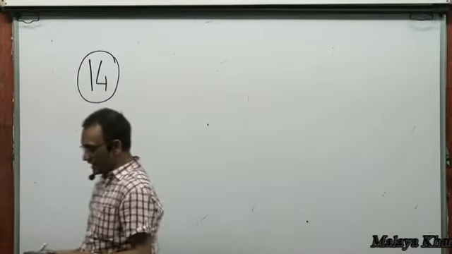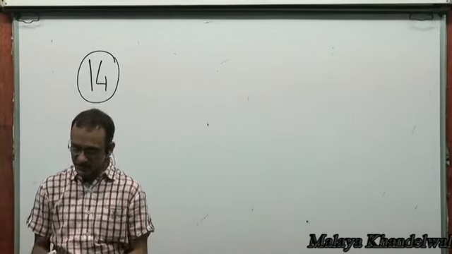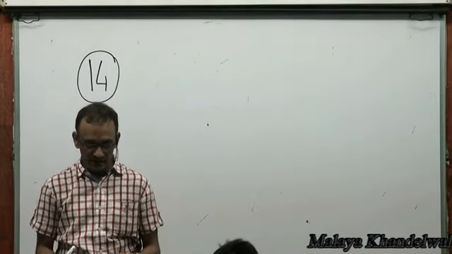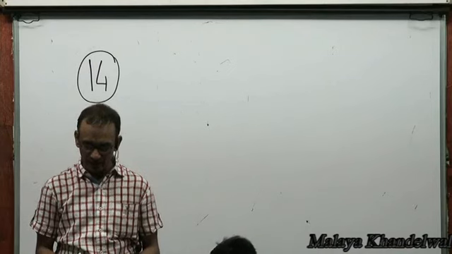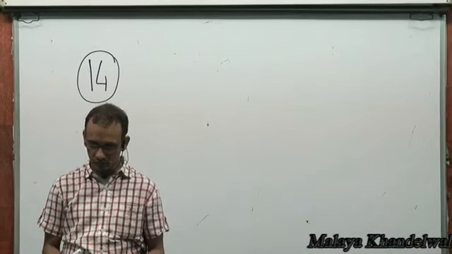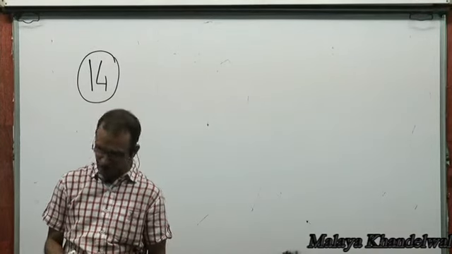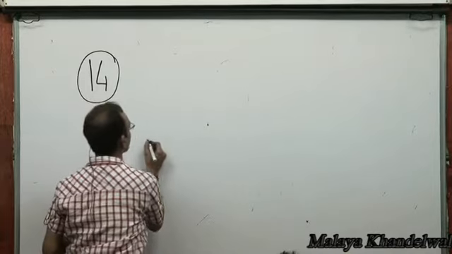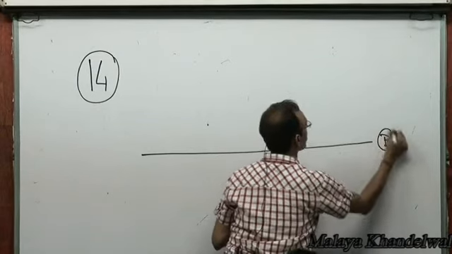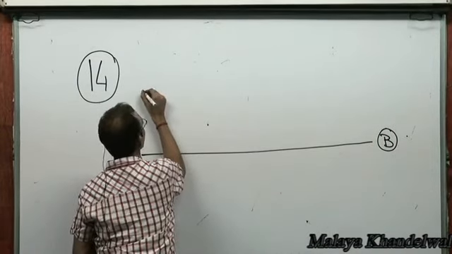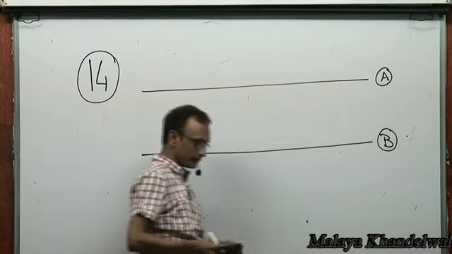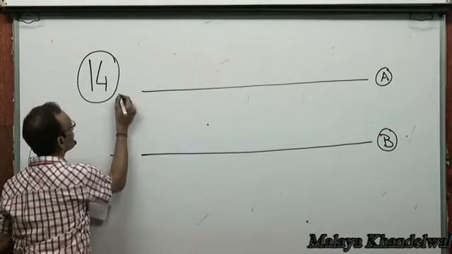Two infinite wires A and B carry currents I1 and I2 such that the movable wire is in equilibrium and the fixed wire B is at a distance r. The two wires are parallel, right? There is a movable wire A and there is a fixed wire B, and they are separated by an amount r.